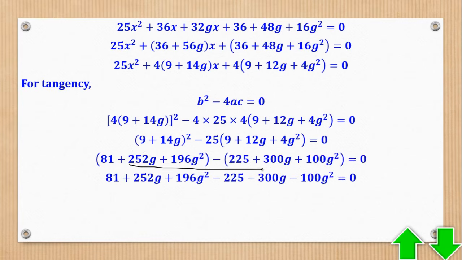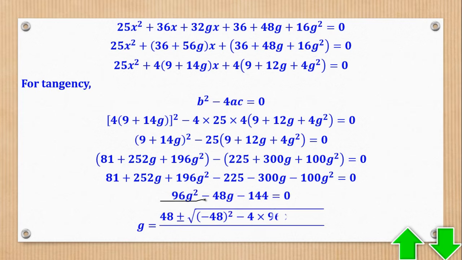Then for the whole of it, you will come up with that. Then when I collect like terms, I'll come up with that, which is a quadratic, so I'll have to solve the quadratic. I can use factorization or the formula. So when I use the formula, I'll come up with values of g as g is equal to -1 or g is equal to 3/2.